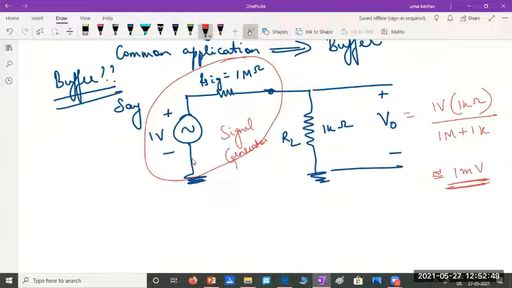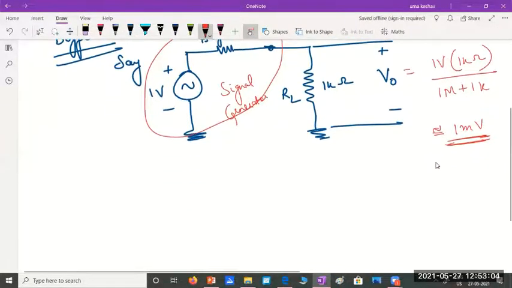Even if you use a signal generator of 1 volt, when you connect it directly to a load, because of the high resistance of the signal generator, the voltage supplied to the load has reduced to 1 millivolt. This is known as the loading effect.